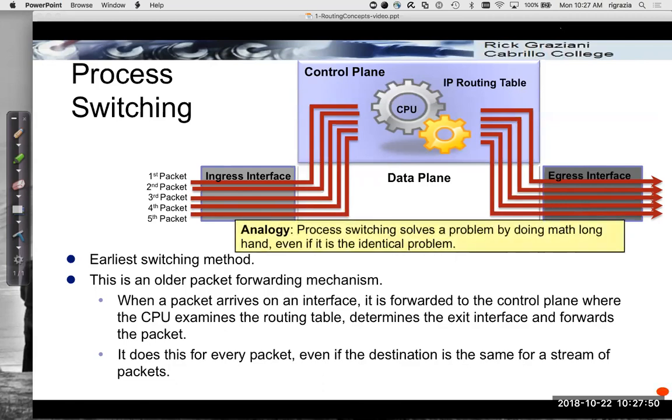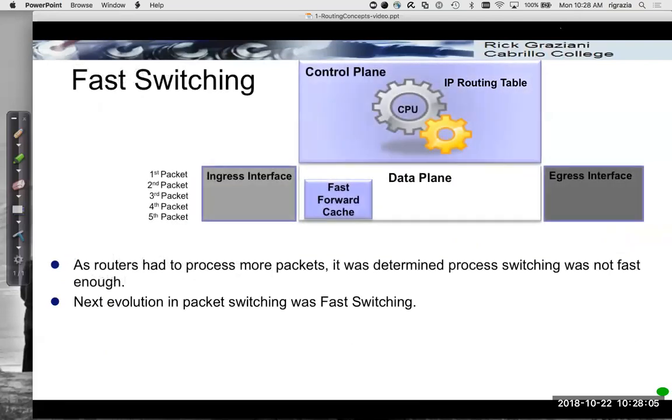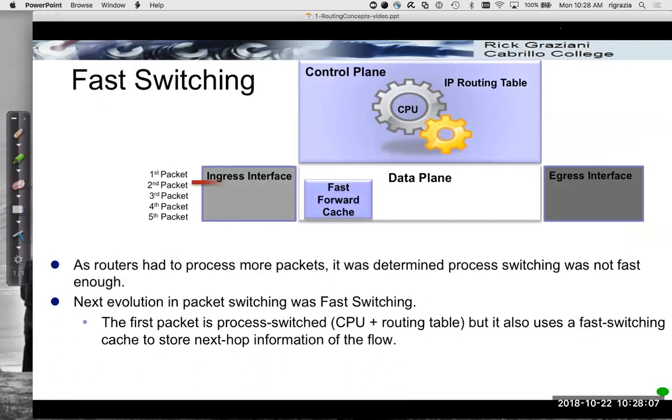An analogy would be like getting a math problem and doing that same problem longhand, even if it's identical every time. Not very efficient, is it? Then came a method called fast switching. What fast switching did was this: I'm going to send the first packet up to the control plane, the IP routing table, and if needed, the ARP cache.